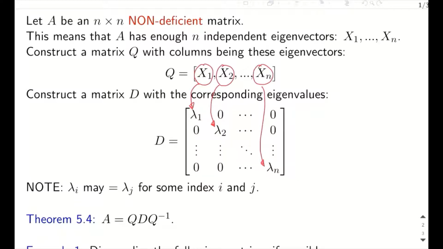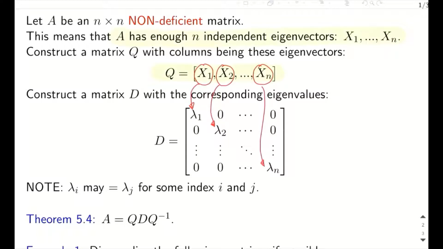In other words, we keep the order of the eigenvalues and the eigenvectors the same in Q and in D. The nice thing is that if you set up Q and D in this way, then A is equal to Q times D times Q inverse, provided that A has enough n independent eigenvectors.